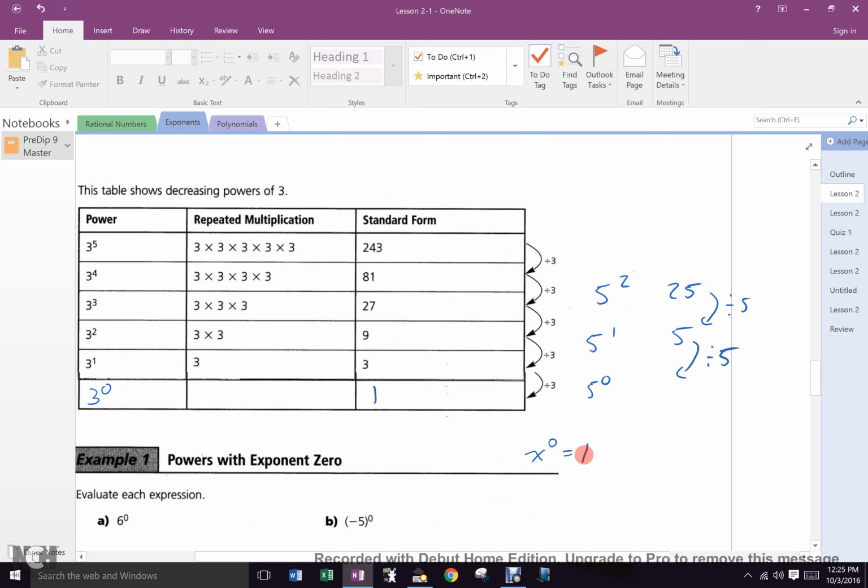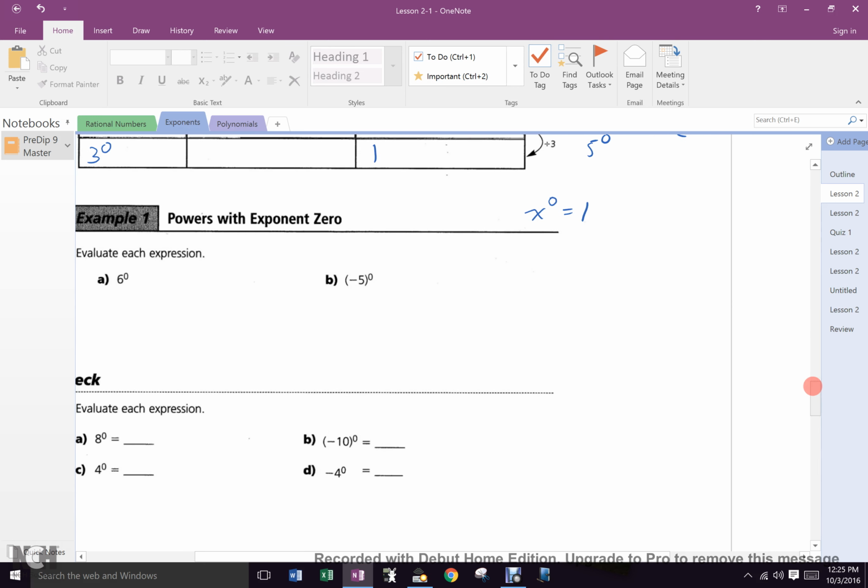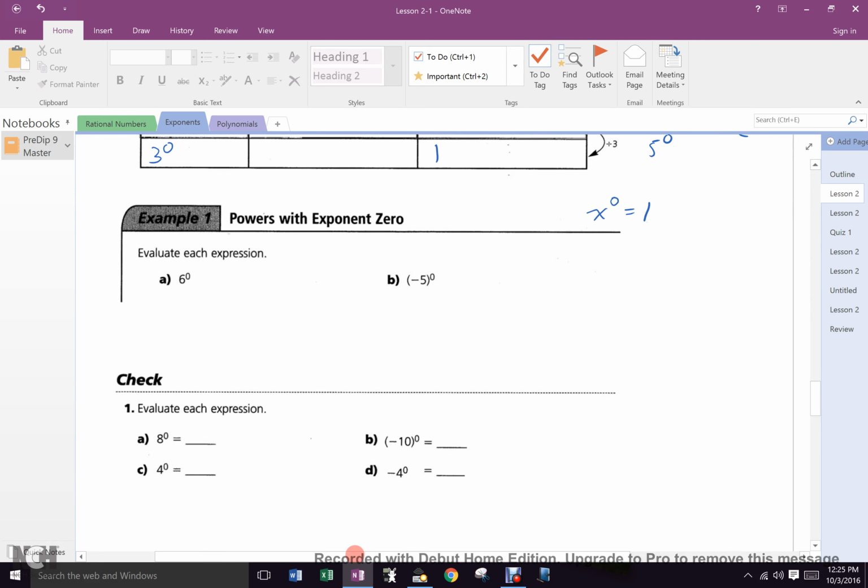Everybody with me? Now the thing about exponents is they're like layered cake. You have to remember everything about exponents each time you learn something new. So before we go any further, let's remind ourselves of what we just learned. 6 to the 0 is what? 1, because everything to the 0 is 1. Now, look at B and tell me what the answer is. 1, because every base to the exponent of 0 is 1.